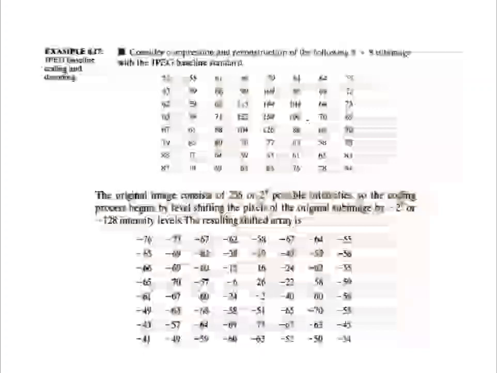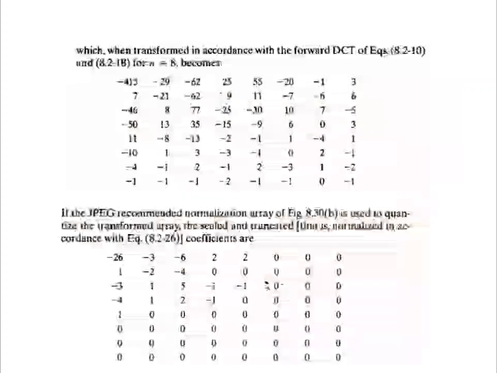Then, when transformed in accordance with the forward DCT for n equal to 8, it becomes as follows. If the JPEG recommended normalization array is used to quantize the transform array, the scaled and truncated, that is normalized, coefficients are then as follows. For instance, the DC coefficient is computed as T-cap(0,0) equals round of T(0,0) divided by Z(0,0), that is, round of minus 415 divided by 16, which is minus 26.